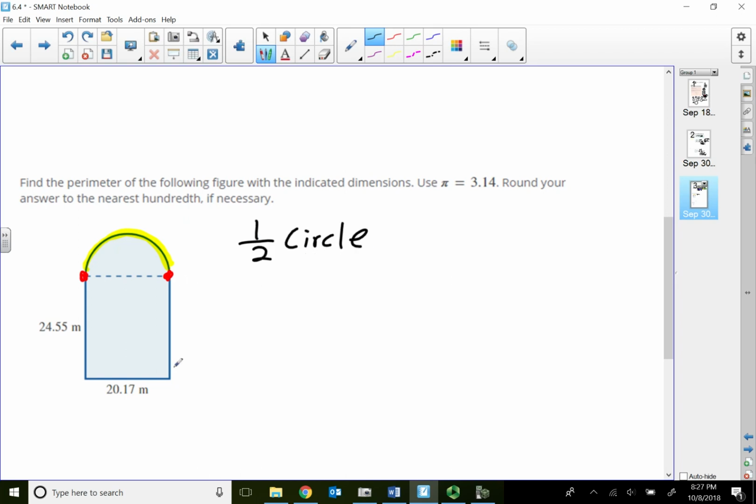So if I keep on traveling the distance on the outside, coming down this way, I need to add the distance of 24.55, plus, all right, travel across, that's adding 20.17.